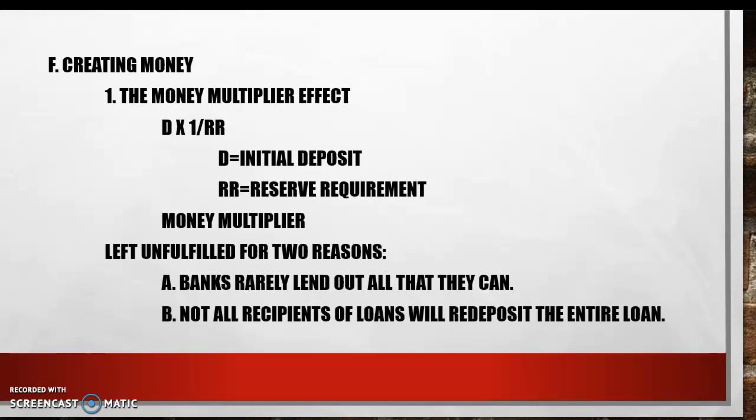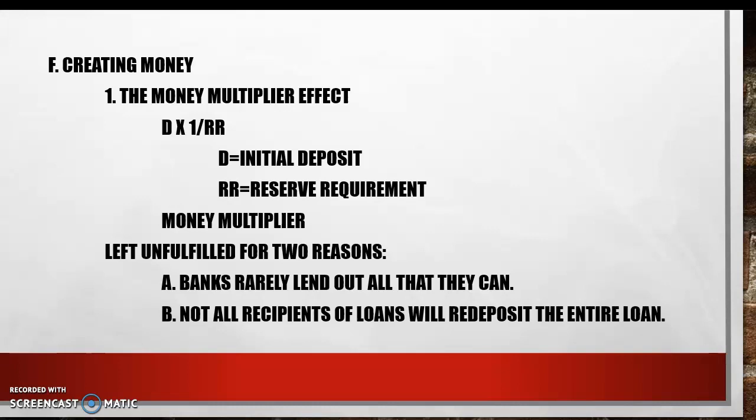You put in your $100, Susie takes out a $90 loan and she gives it, so that she can buy whatever. That person doesn't necessarily put the $90 into another bank. Maybe they keep that money and put it in their wallet. Maybe they only put $50 into the bank. So you can see not all recipients of loans will redeposit the entire loan.